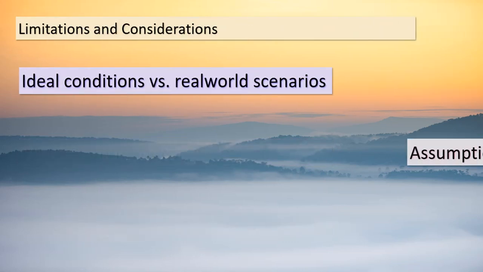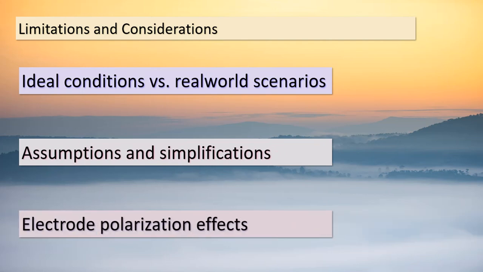Hello, curious minds. As we continue our journey through the Nernst equation, let's take a moment to talk about its limitations and the real-world considerations that come into play. While the equation is incredibly powerful, it's important to remember that it's based on certain assumptions and ideal conditions. In the real world, electrochemical cells often face complexities that can't be fully captured by the equation alone. Factors like electrode polarization, which occurs due to resistance at the electrode-electrolyte interface, can impact the accuracy of our predictions.